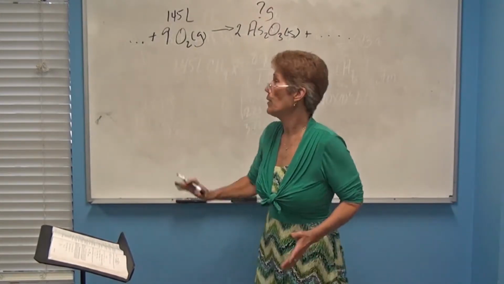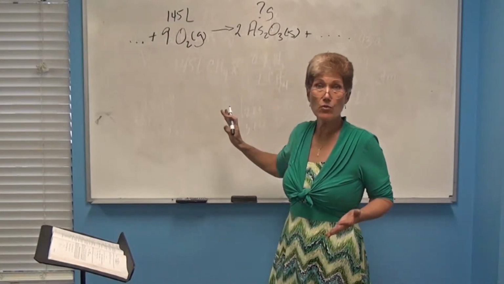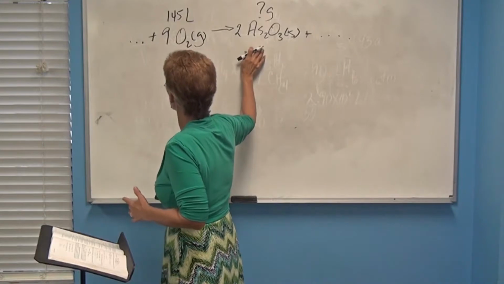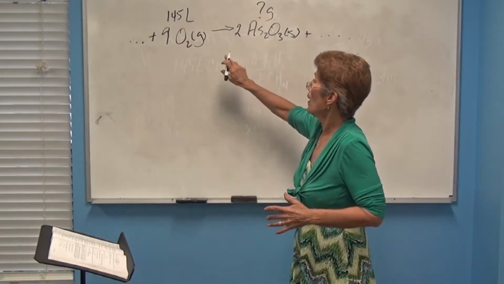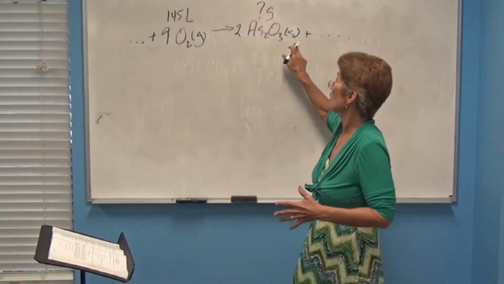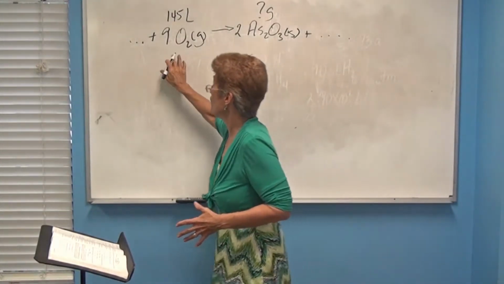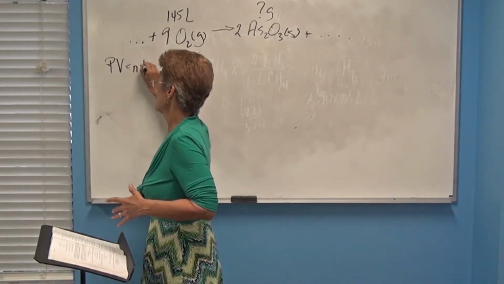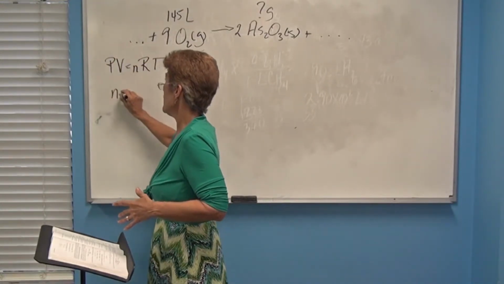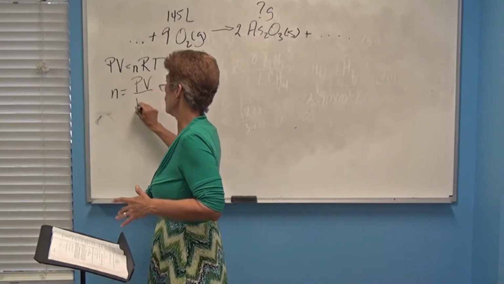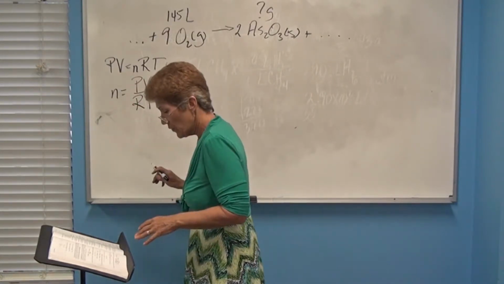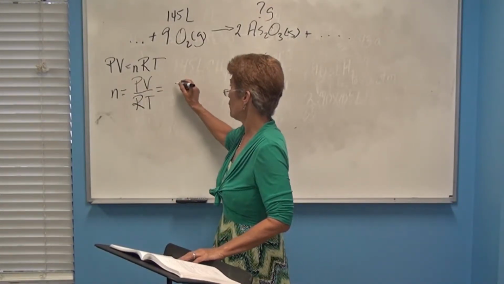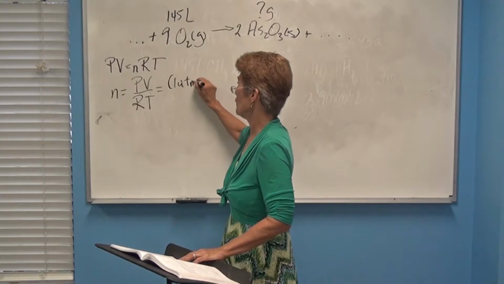Now you know that the only way we can get from here to here is by using the mole bridge. So we're going to find the amount of moles of this, because we can't go from here to here as we did in the last problem, because this is a gas, but this is a solid. So the only way we can get to the moles of this is through PV equals nRT. So n equals PV over RT. We are told in this problem it's at STP, so the pressure is 1 atmosphere.